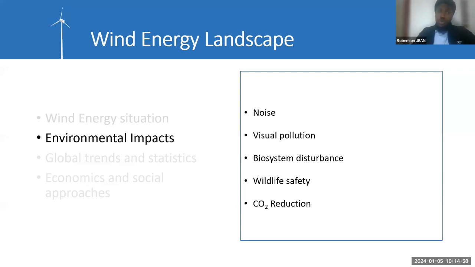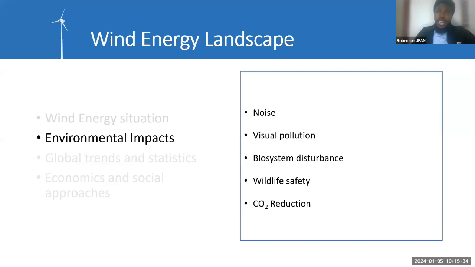Wind also carries some environmental impacts, unfortunately, and one is related to noise. When someone is living near a wind farm, it is obvious that the noise of the wind turbine, of the blades that are rotating, will bother you a little, but not too much.